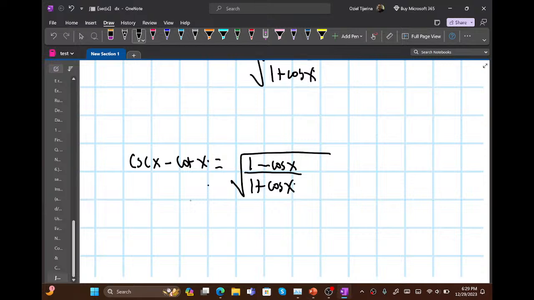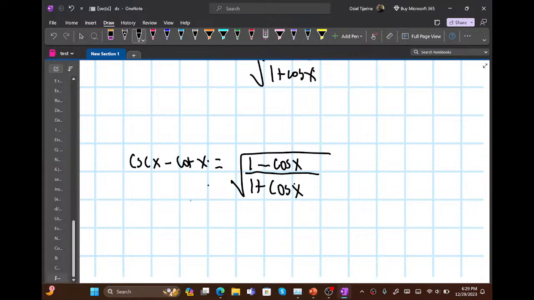Okay. That's cosine, guys. That's how I write my cosine. I'll write it a little better here. There we go. So our goal is to convert this to that.